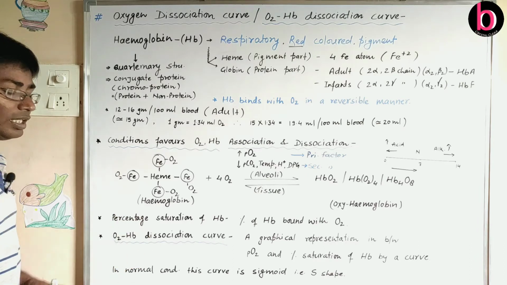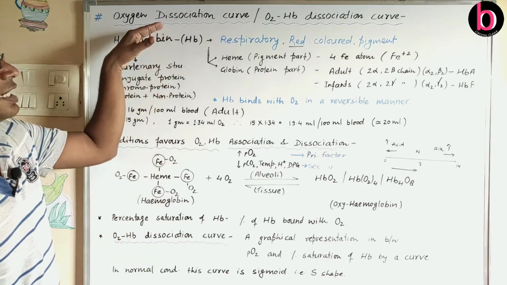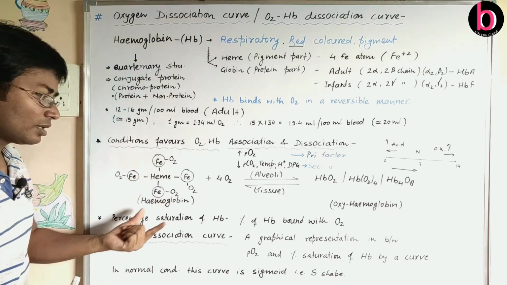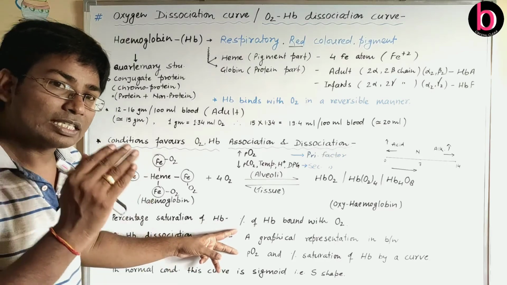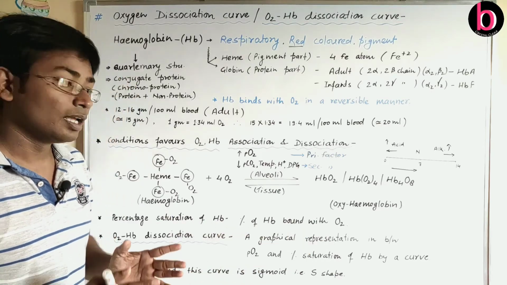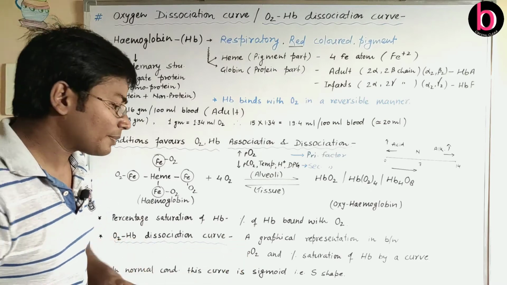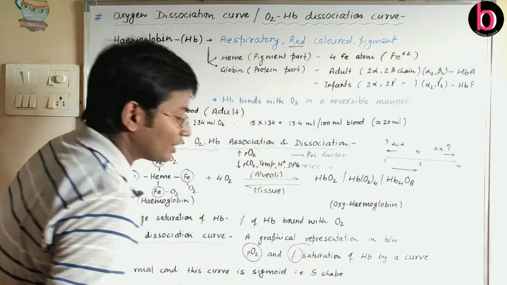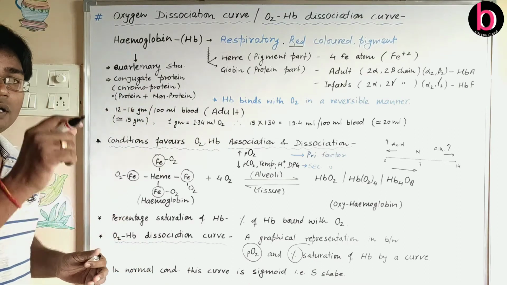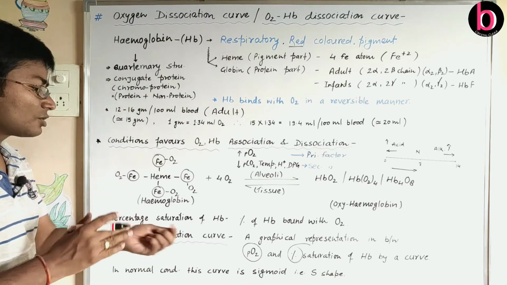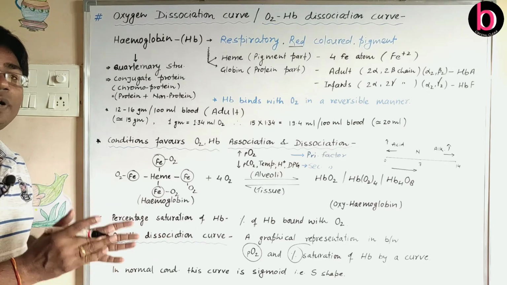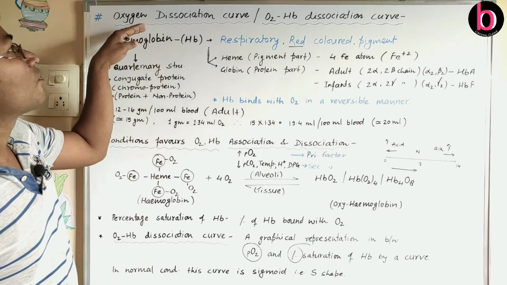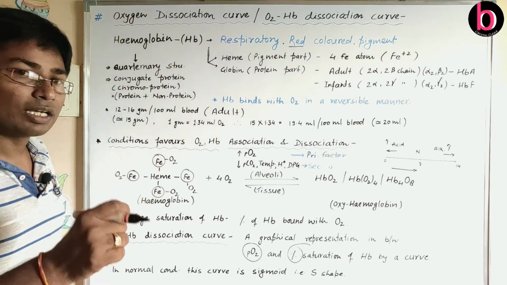Next, oxyhemoglobin dissociation curve, that is the topic. So what is this? This is a graphical representation between partial pressure of oxygen and percentage saturation of hemoglobin in a curve form. This is known as oxyhemoglobin dissociation curve or oxygen dissociation curve.